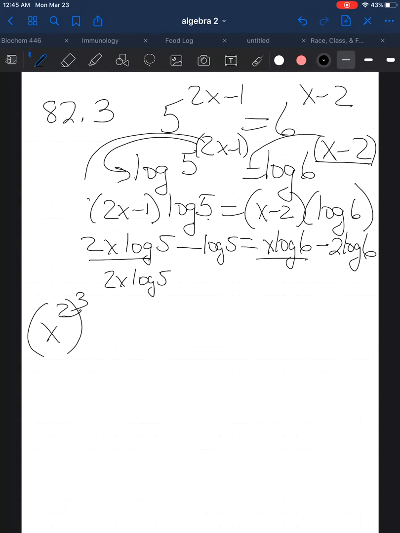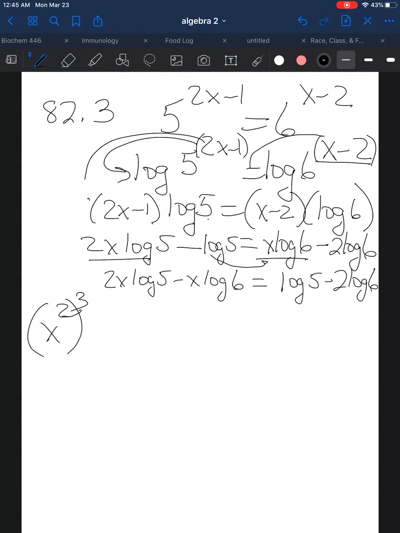So 2x log of 5, bring this over, minus x log of 6. And at the same time, I can take this across and make it log of 5 minus 2 log of 6. Okay, now keep in mind what it is that we're trying to solve for.